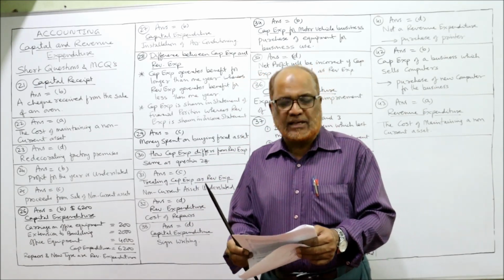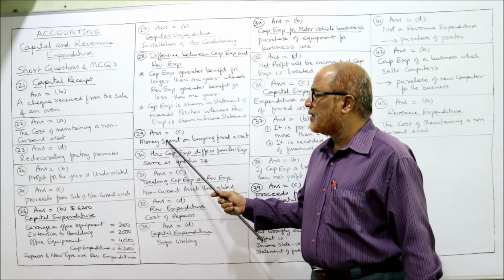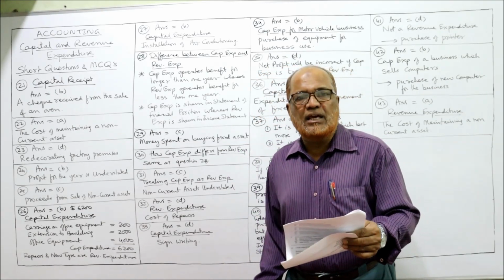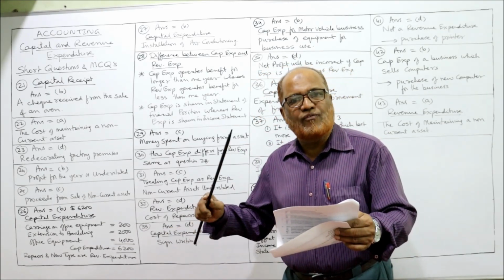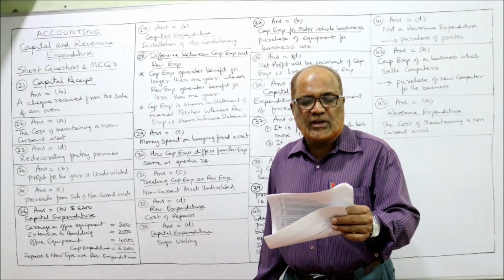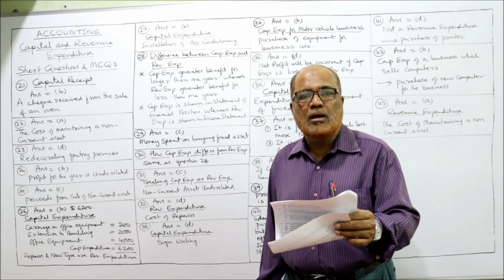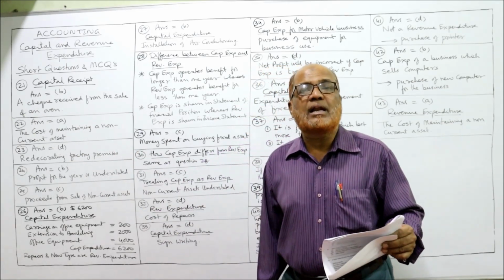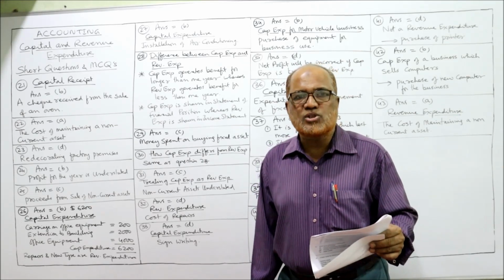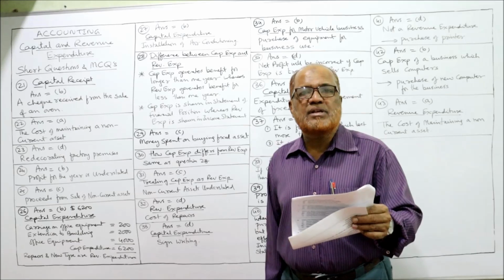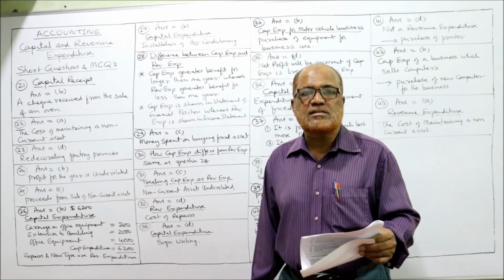Next problem, 29th one. 29th one is MCQ. Capital expenditure is dash. The 4 statements are given. Which statement is right? First, money contributed by the business owner. When the business owner contributes money in the business, it is called a capital receipt, not capital expenditure. The first one is not the correct answer. Second, money received from the sale of fixed assets.